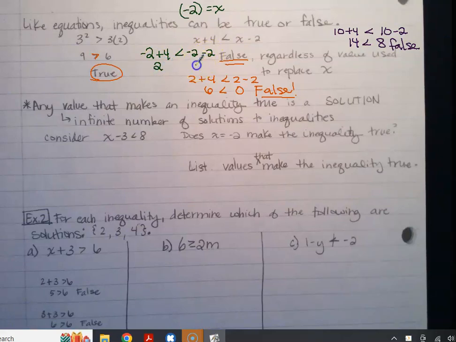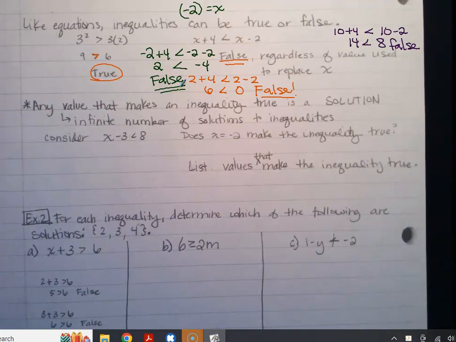Negative 2 minus 2 is negative 4. So is 2 less than negative 4? No, it's false. So it doesn't matter. If I plug the numbers in correctly, it doesn't matter. But that's what happens: we put the number in the wrong place sometimes and it screws up our answer.